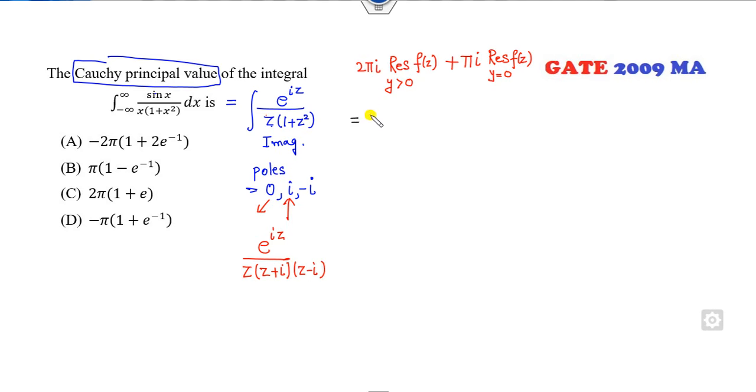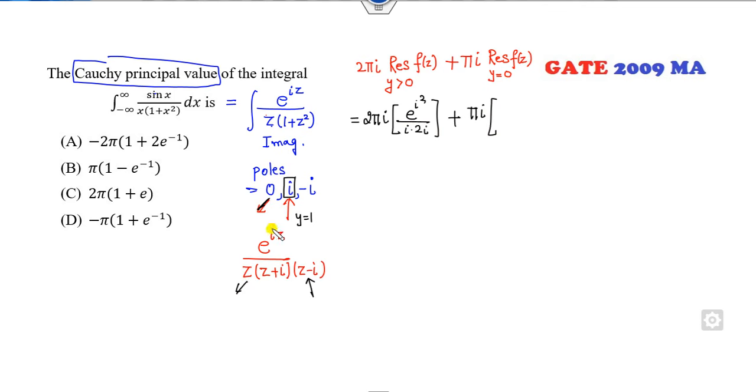Now I can substitute here 2 pi iota into the residue of this when y is greater than 0, that is corresponding to iota, because y is equal to 1. And where y is equal to 0, I can substitute everywhere the value of iota. So it is iota square divided by iota into 2 iota plus pi iota. What is the value of this for y equal to 0?